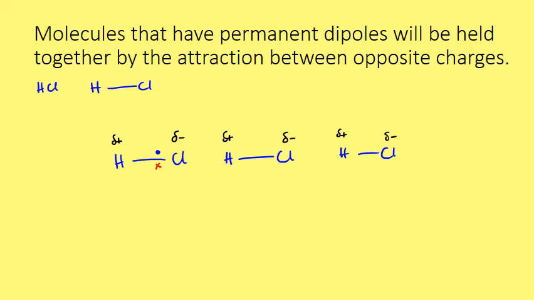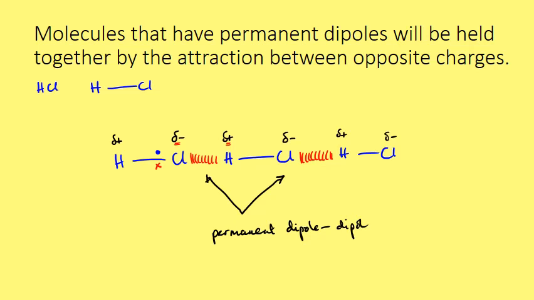And so our forces of attraction, let's switch that to red, our forces of attraction are going to exist between these oppositely charged permanent dipoles. They're quite weak compared to other strengths of bonds, but indeed they would be stronger than temporary dipoles. So these forces here, the red hatched lines, these forces are called permanent dipole-dipole forces.